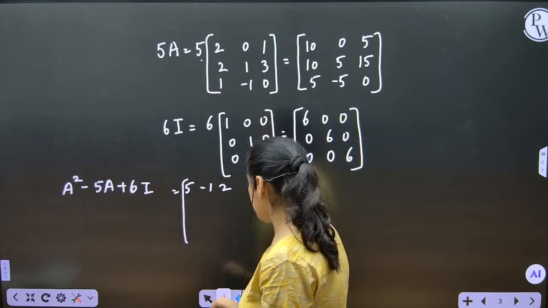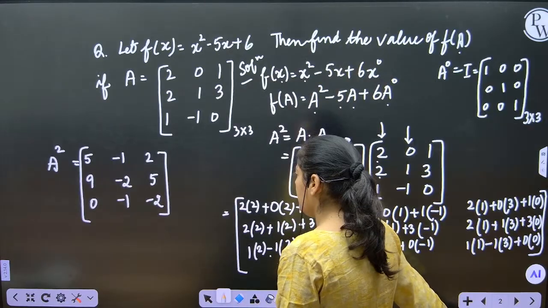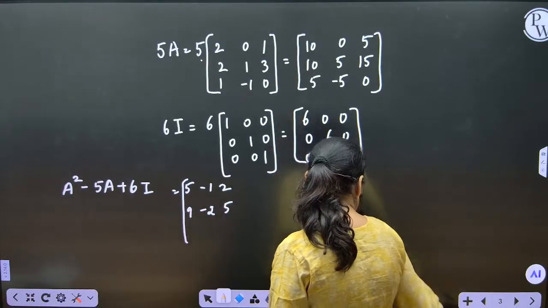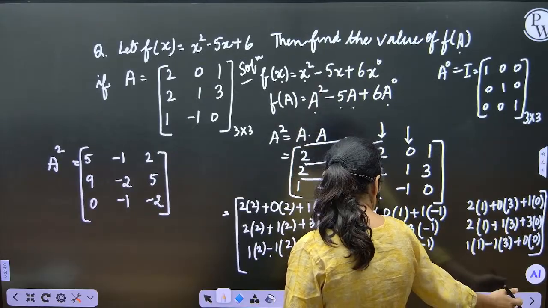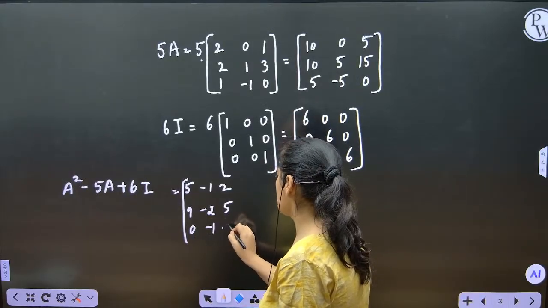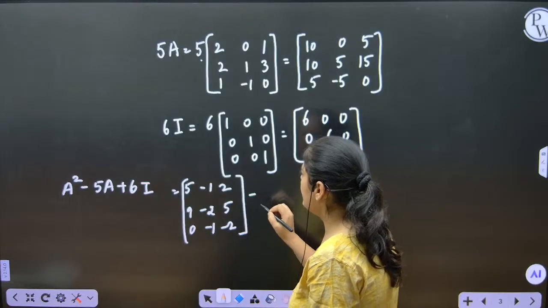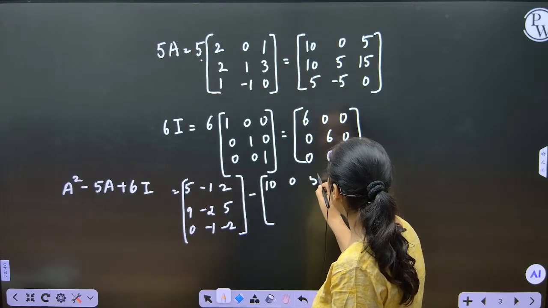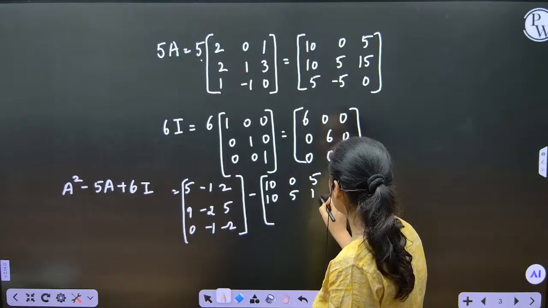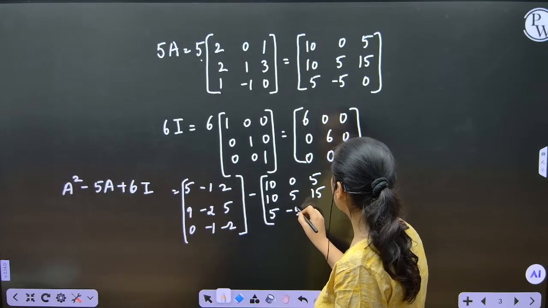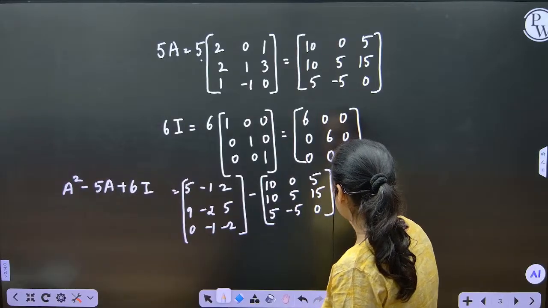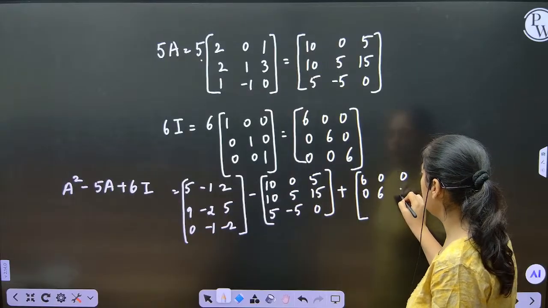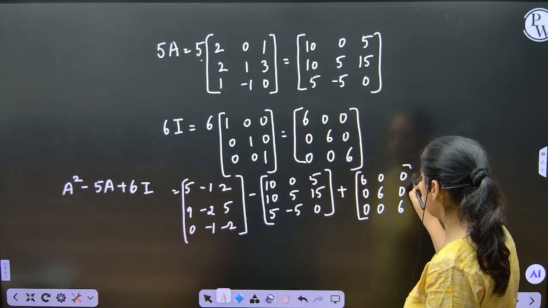Now I am writing all the matrices here. 9 minus 2 5, 0 minus 1 minus 2, minus of 5A matrix is nothing but minus 10 0 5, minus 10 5 15, minus 5 minus 5 0, plus 6 into identity is nothing but this matrix 6 0 0, 0 6 0, 0 0 6.